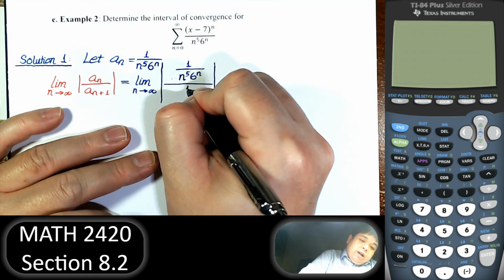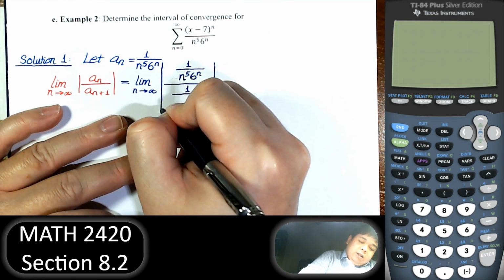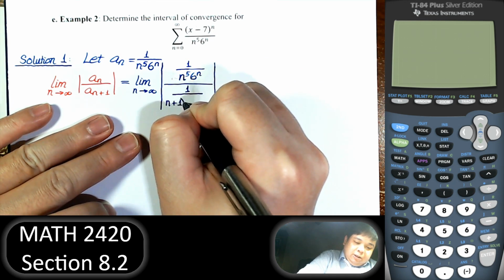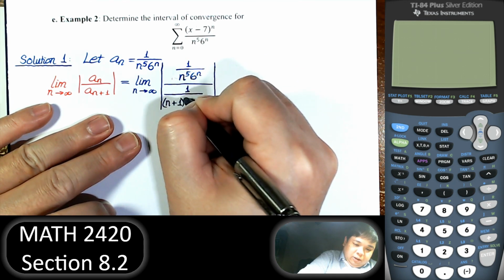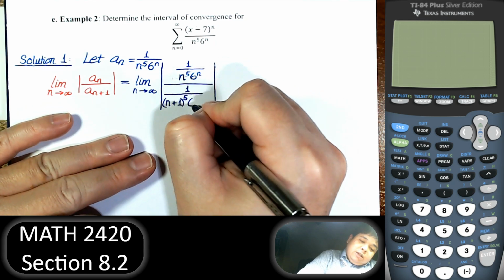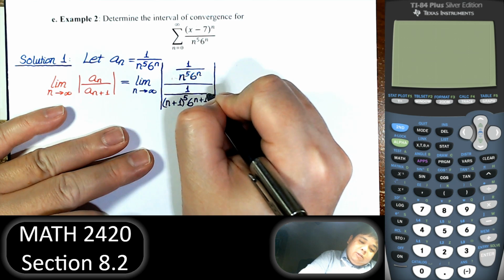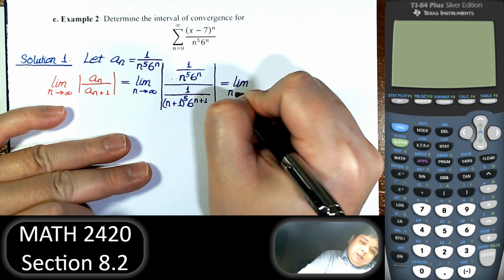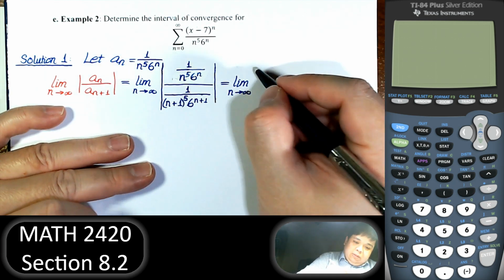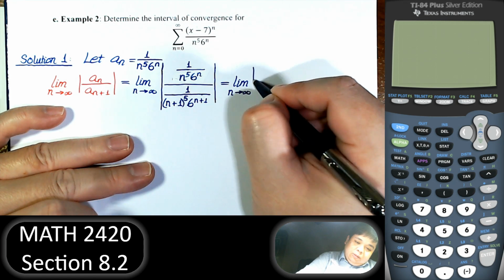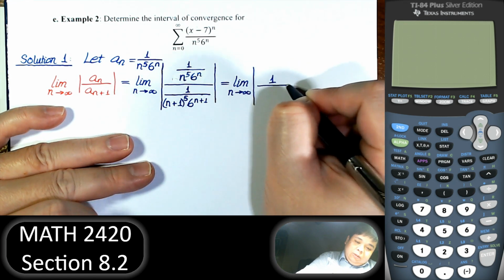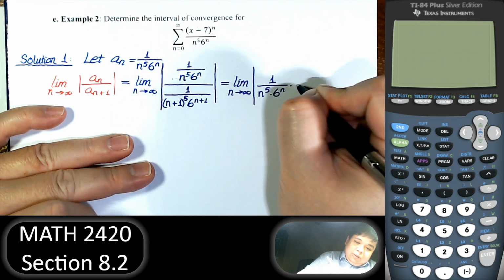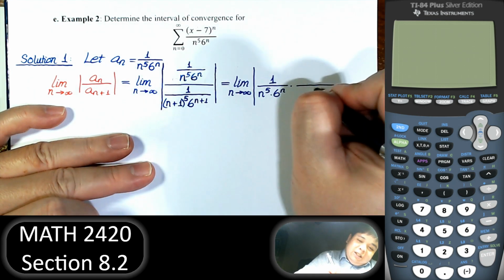And then over a sub n plus 1, n plus 1 instead of n, then 6 to n plus 1. Right. Multiply reciprocal. I'm going to flip this.